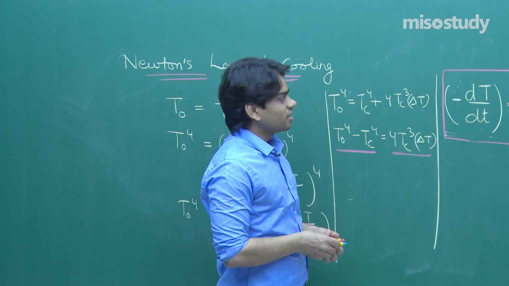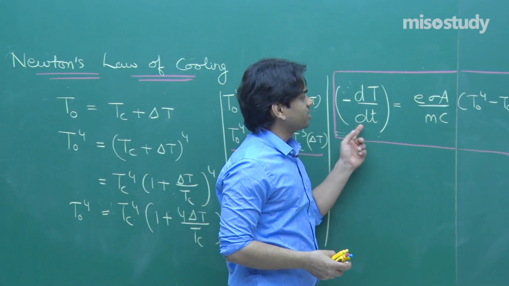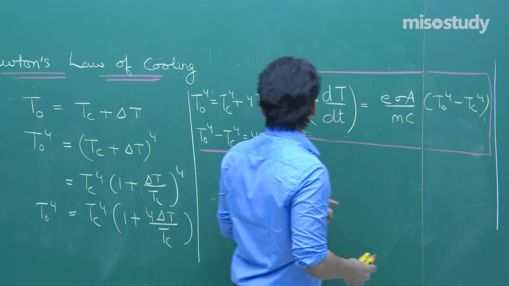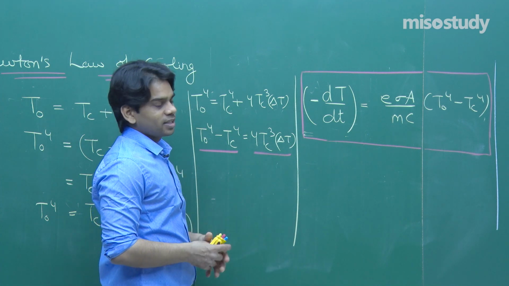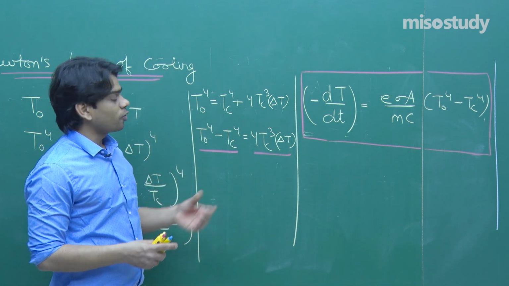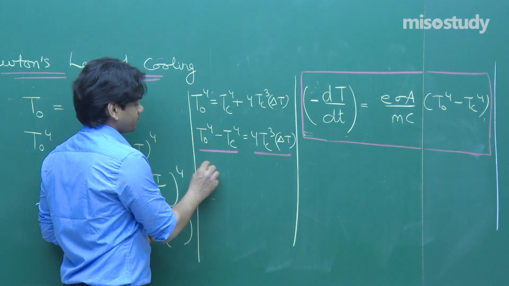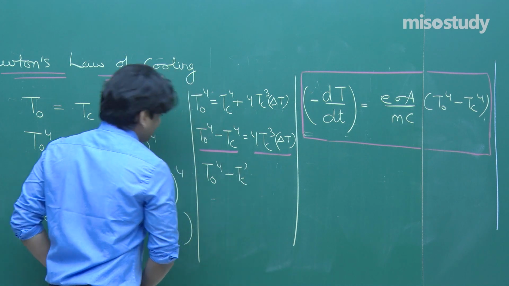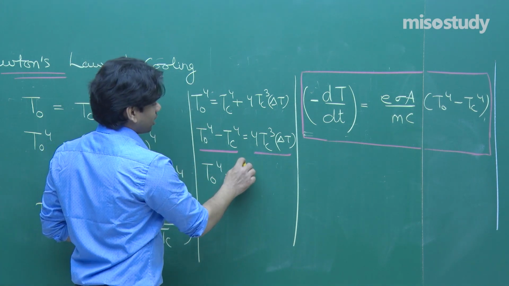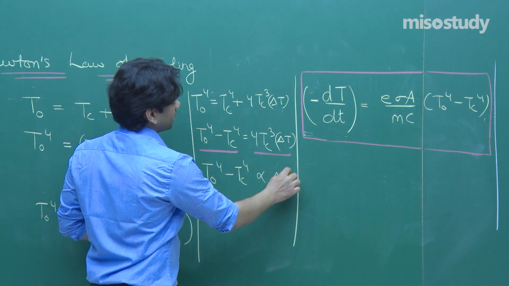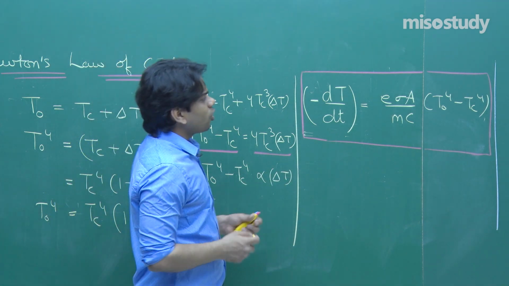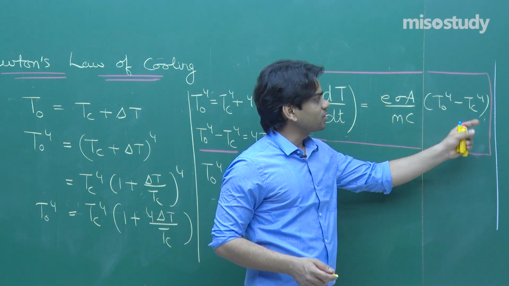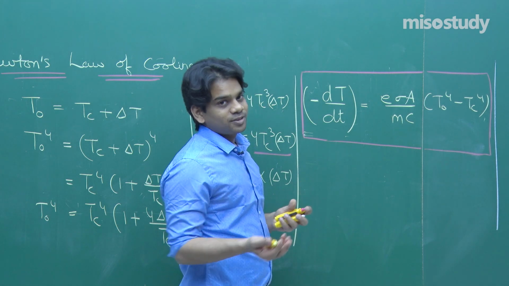Just now you see here, the rate of decrease in temperature, minus dT by dt, was given in this way with T naught power 4 minus Tc power 4. We have written that as 4 Tc whole cube delta T. Now T naught power 4 minus Tc power 4, where Tc is the room temperature, comes out to be proportional to delta T. Here you see all terms are constant: E, sigma, m, c all are constant. What can we write?